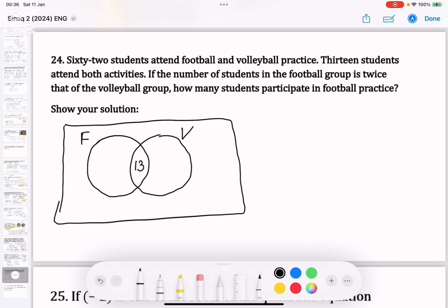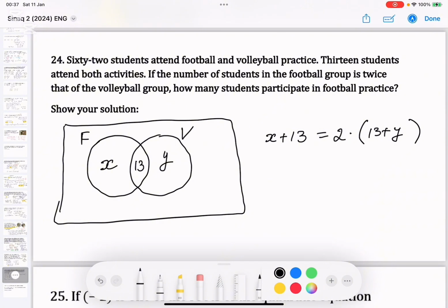Let's say here we have y students, here we have x students, and it says the number of students in the football group is twice that of the volleyball group, so x plus 13 is two times the number of students in the volleyball group, which is 13 plus y.